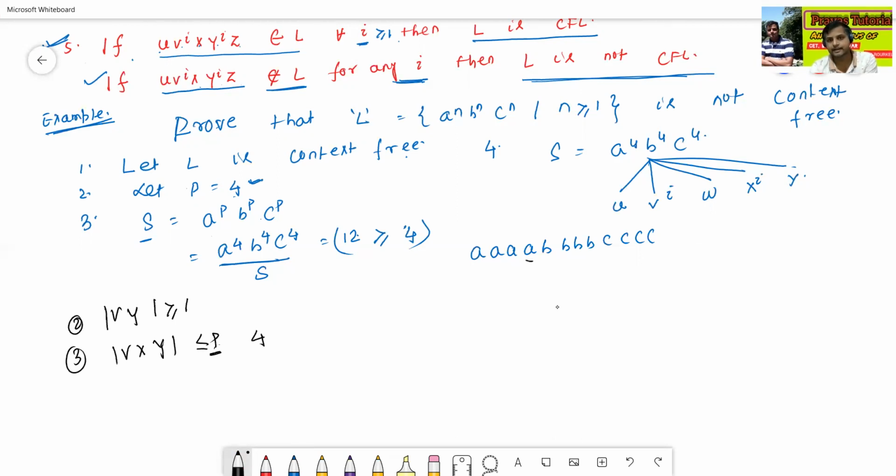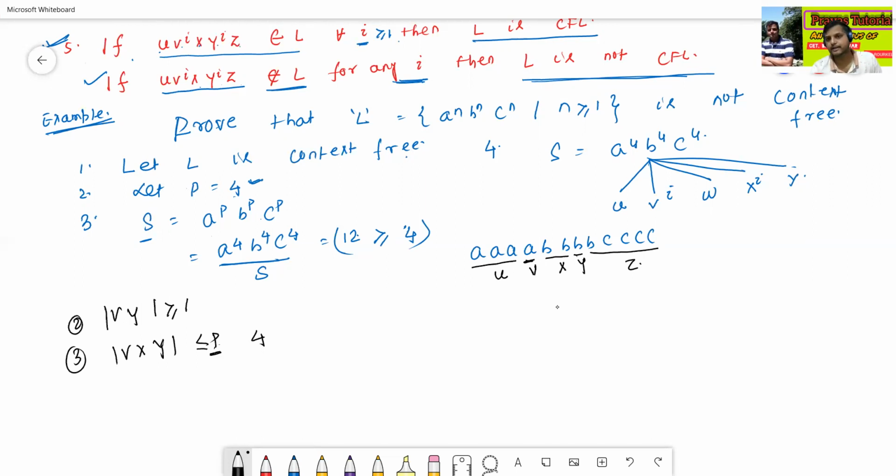So let's take this one as v, this one as x, this one as y, this part as z, and this part as u. So we have completely divided.